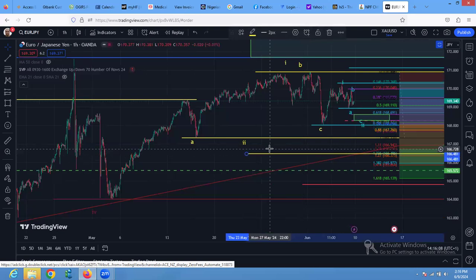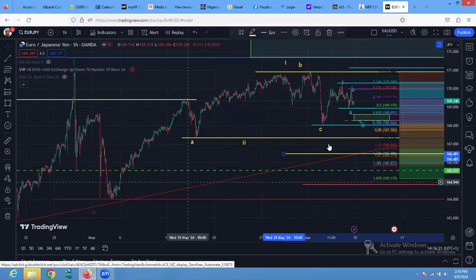This is like analyzing ahead of time what price can do or not. So price may still go up without breaking this red line. Price may still go up, break the bottom without taking this yellow. So the C can still come here.